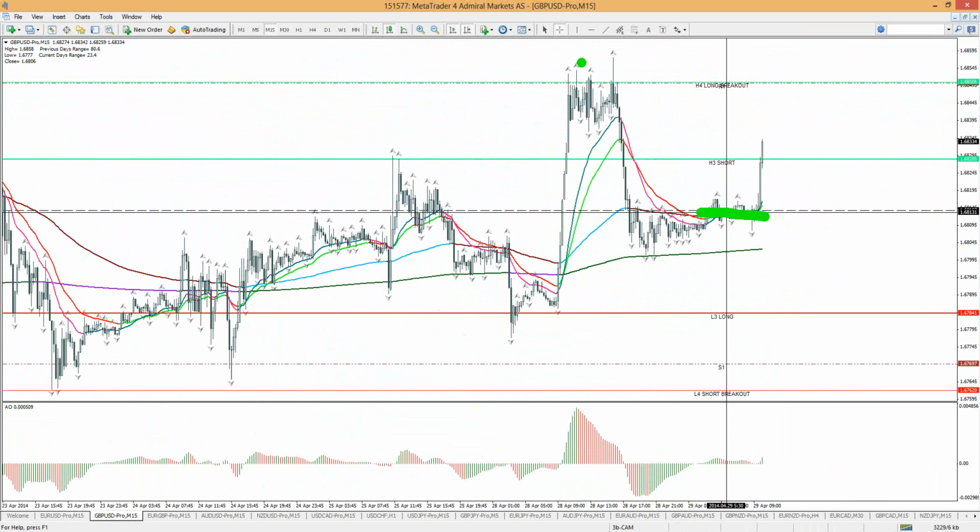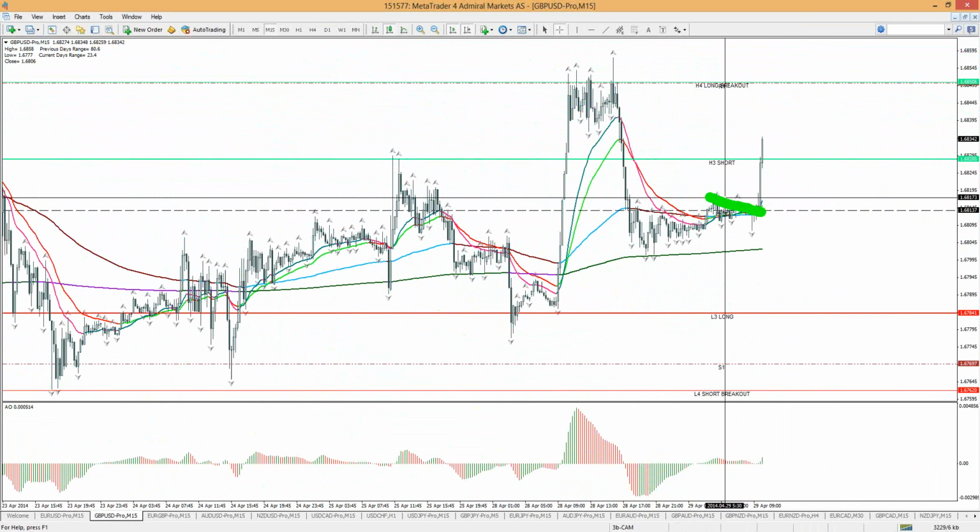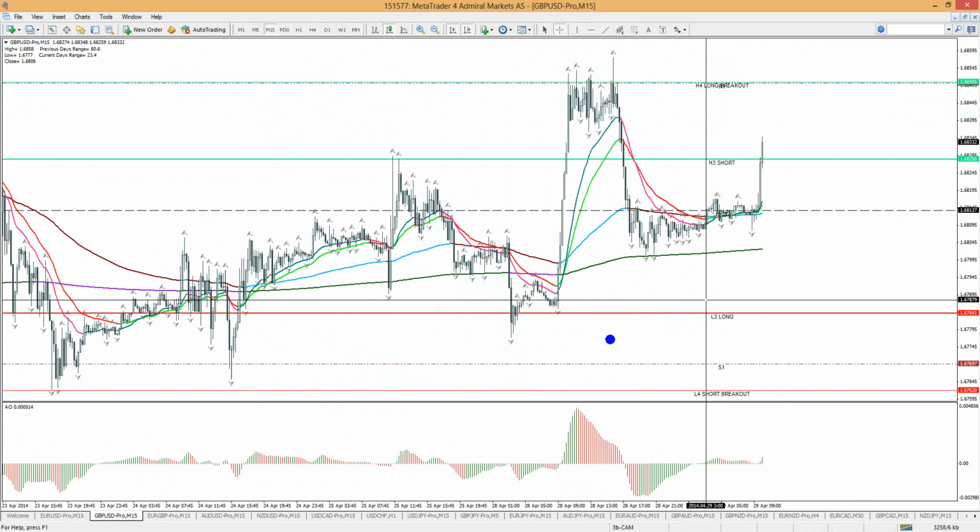We already broke yesterday's pivot point, as you can see, like that, or we were at it. And if we broke these tops, we're actually breaking the pivot point as we speak. So there seemed to be enough space on the pound dollar to make at least a bit of upside. So I like that about the pound dollar. Plus, the stop loss was relatively tight. I put it below the L3 here.